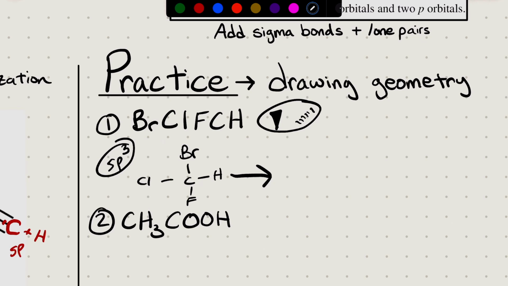So what I drew for my answer is I put chlorine down here, bromine down here. I did not draw out the actual carbon itself because intrinsically, I know it's right here where the dot is. I put the fluorine on the dash, and I put the hydrogen on a wedge, and I did mark it here.